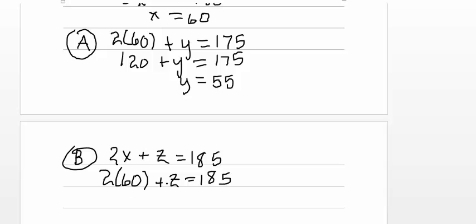So 120 plus z is 185. I'm going to subtract 120 from both sides to get z equals 65.